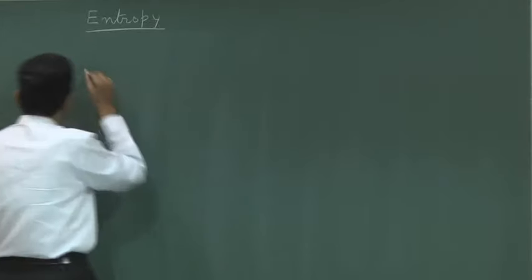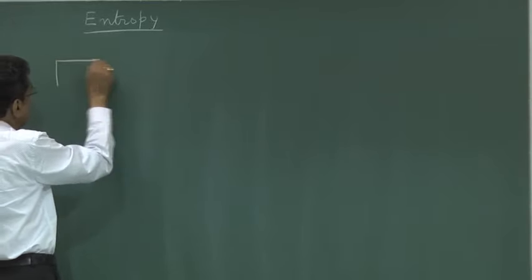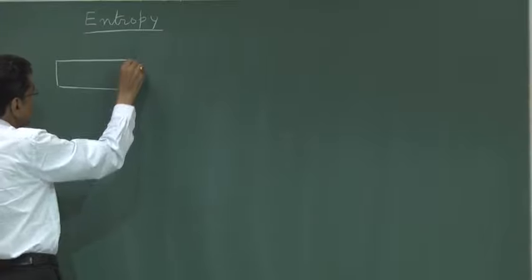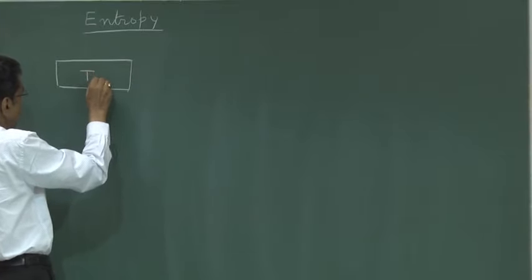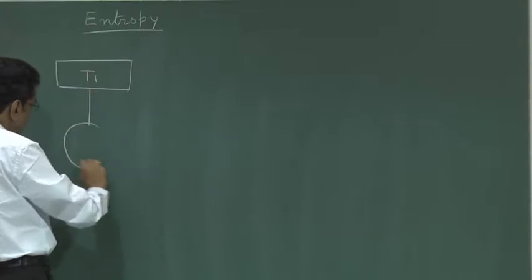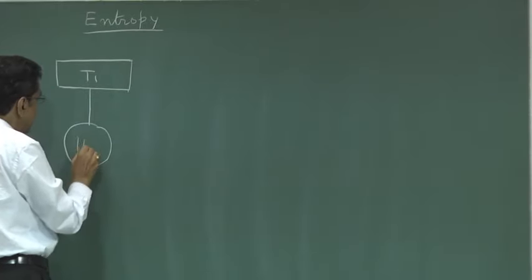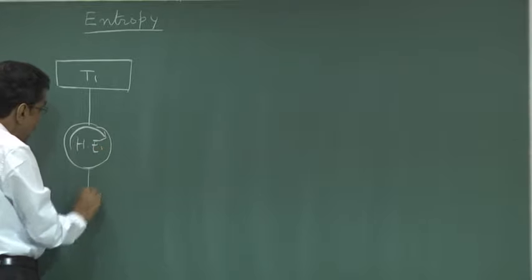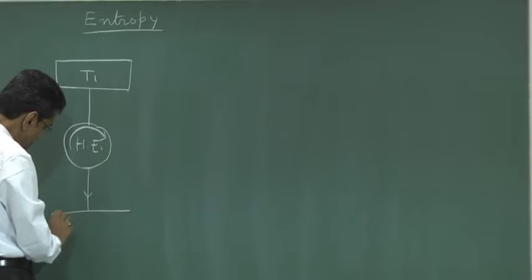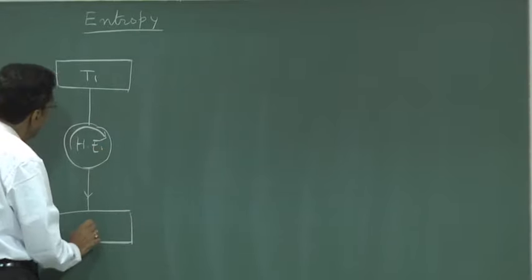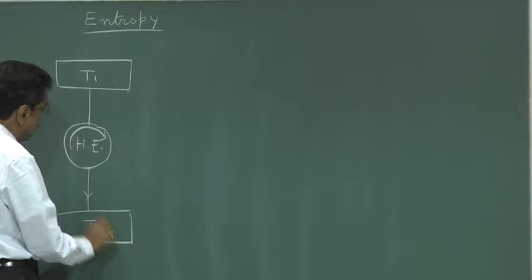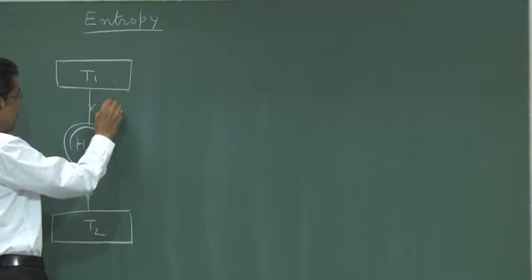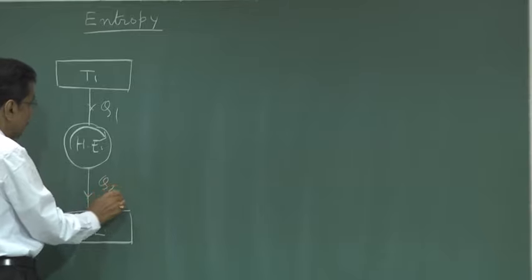Now, we have already learned if there is a reversible heat engine operating between a source T1 and a sink T2. This T1 and T2 are in absolute thermodynamic scale of temperature, taking heat Q1, rejecting heat Q2.